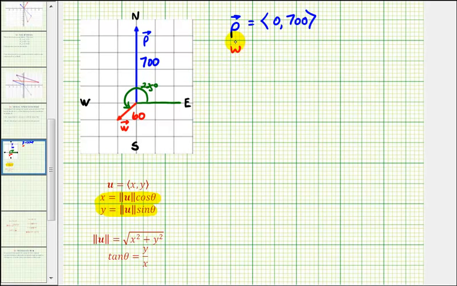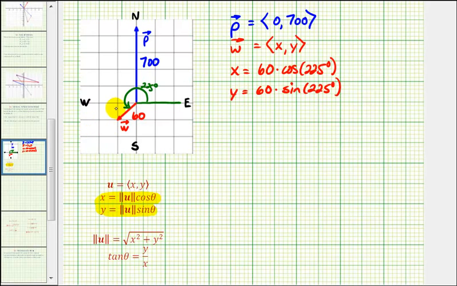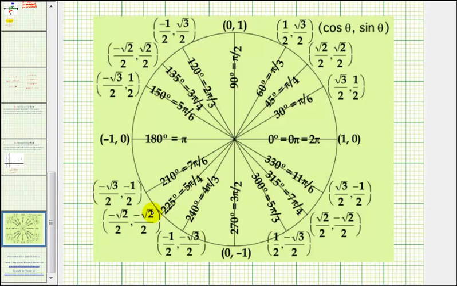So for vector w, x will equal 60 times cosine 225 degrees, and y is equal to 60 times sine 225 degrees. Because we're in the third quadrant where both x and y are negative, both the cosine and sine function's value will be negative. We should also recognize that we're going to have a 45-degree reference angle, or if we look at the unit circle, notice both cosine 225 degrees and sine 225 degrees is negative square root 2 over 2.